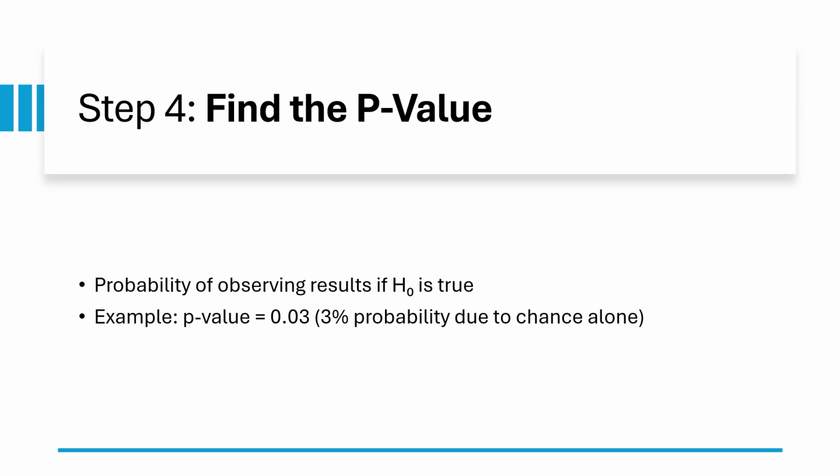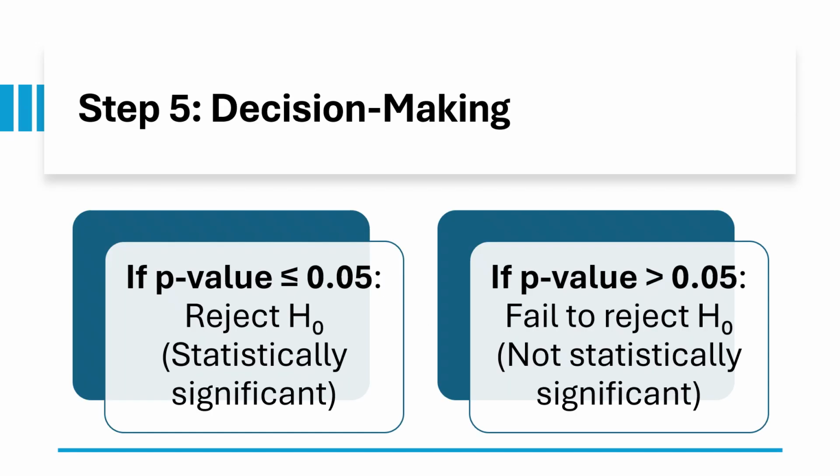Suppose it is less than 0.05, say 0.03, then you go ahead and reject the null hypothesis. You make these decisions: if the p-value is less than 0.05, you reject the null, stating that there is a statistically significant difference between the diastolic blood pressure of males and females.